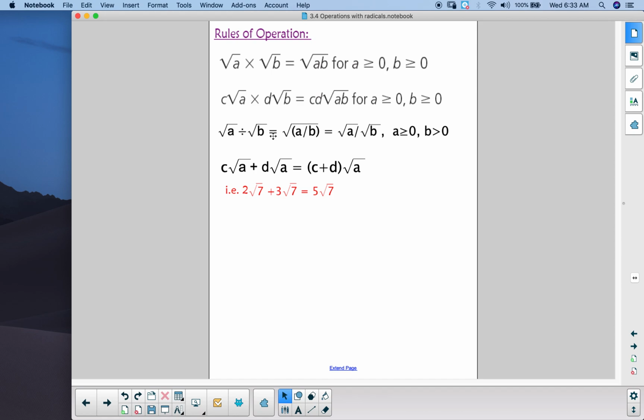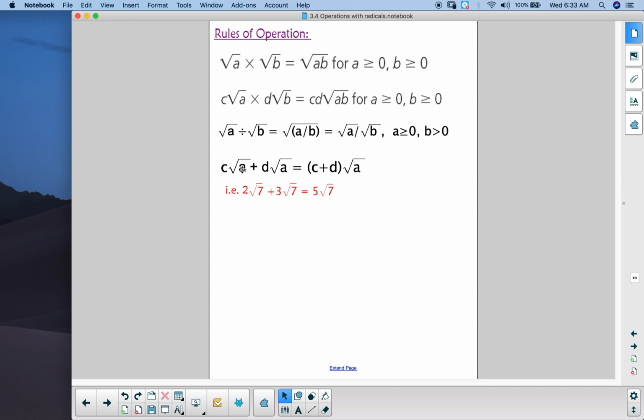If you're dividing two radicals, the square root of a divided by the square root of b, then you can bring them both under this radical sign and say it's the same as the square root of a divided by b, when a is greater than or equal to 0 and b is greater than 0.